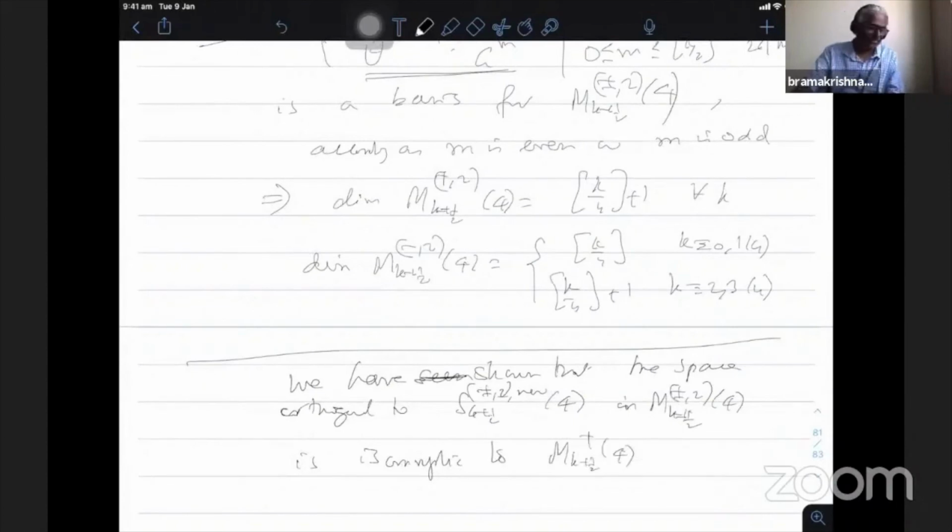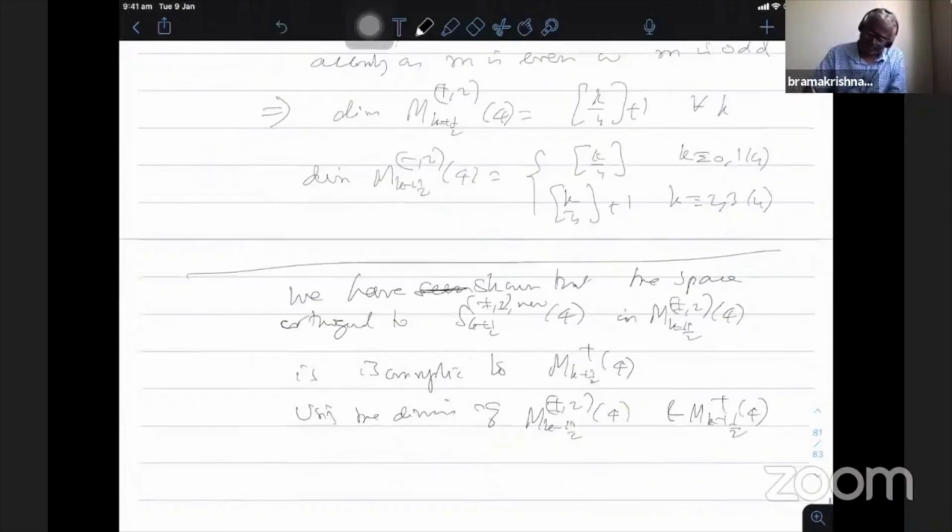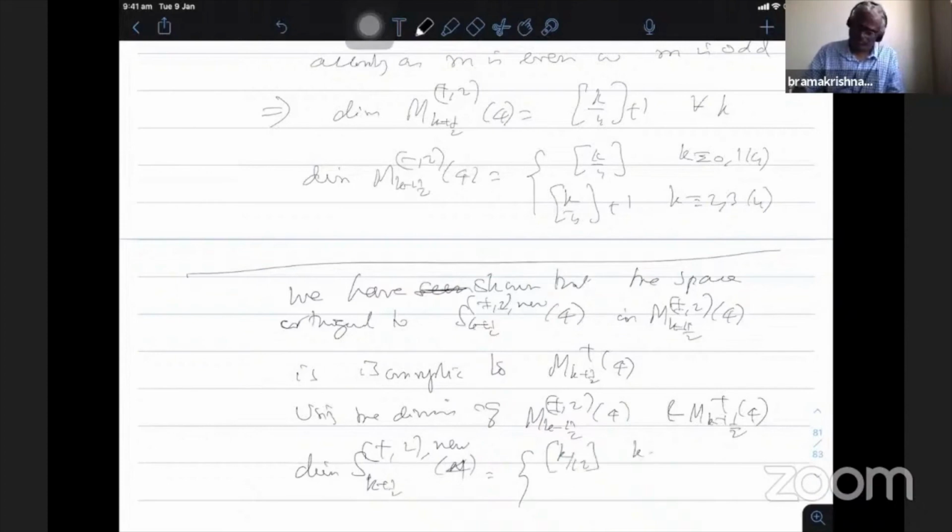Therefore, using the dimensions of M_{k+1/2}^{+,-}(2,4), and also M_{k+1/2}(4), we get the dimension of S_{k+1/2}^{+}(2,4), which is k/12 when k is congruent to 0, 2, 3, 6 modulo 12, and k/12 plus 1 otherwise.